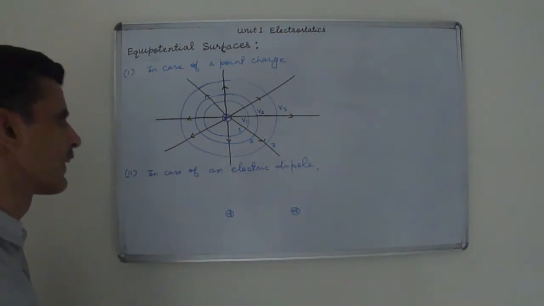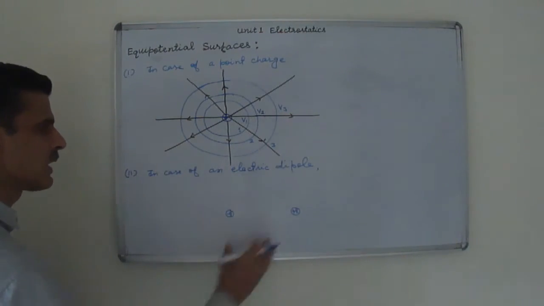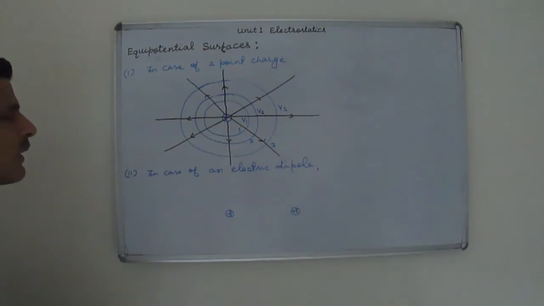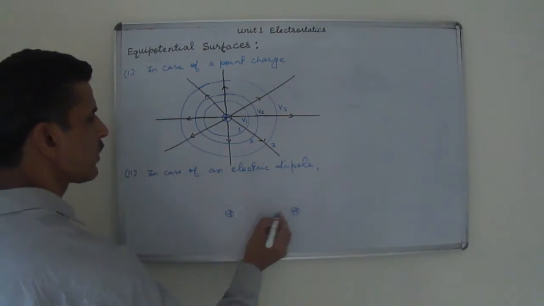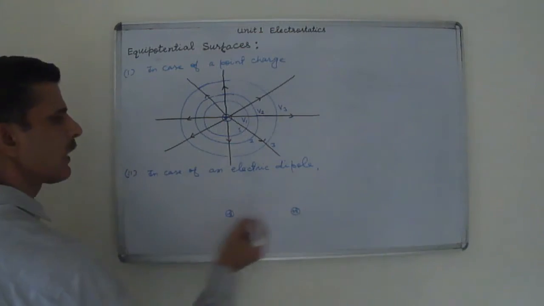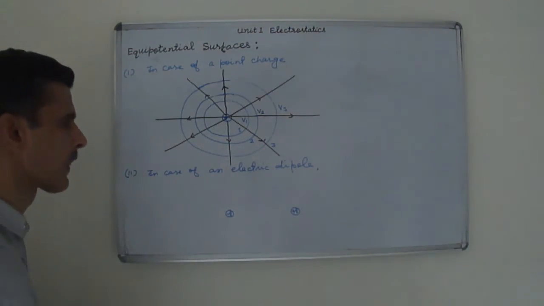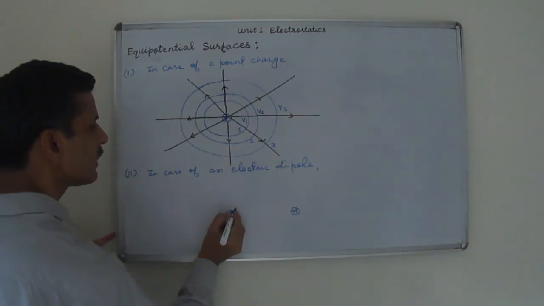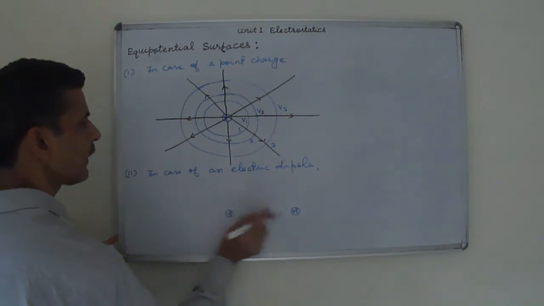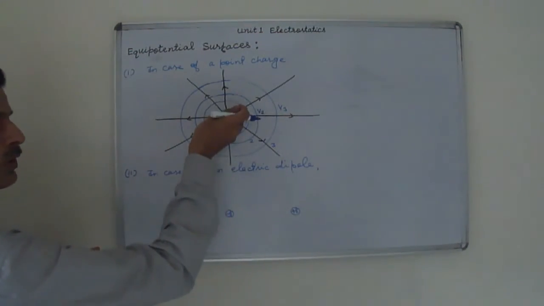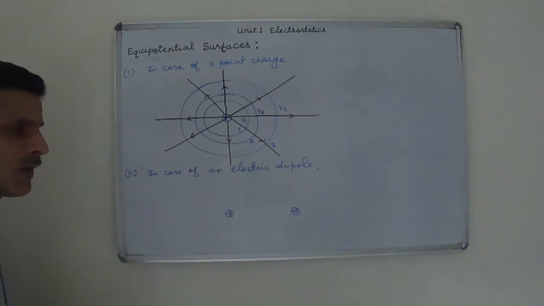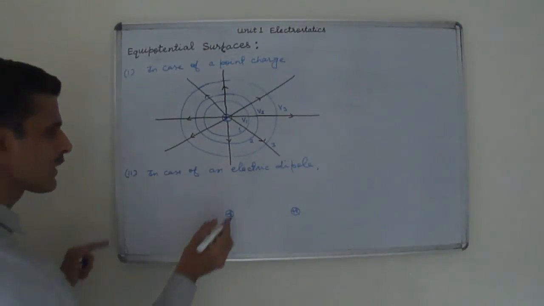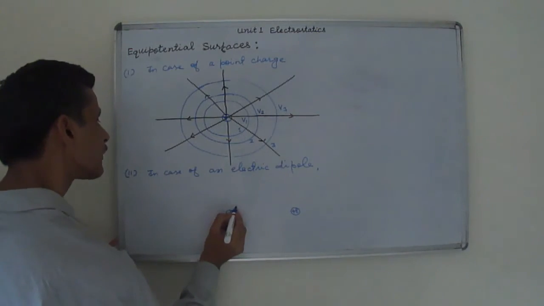So let us draw equipotential surfaces in this case. Here equipotential surfaces we first draw. If there is only one charge, then you know equipotential surfaces are spherical. So here some distortion is there because of the presence of this charge, and it is like this.